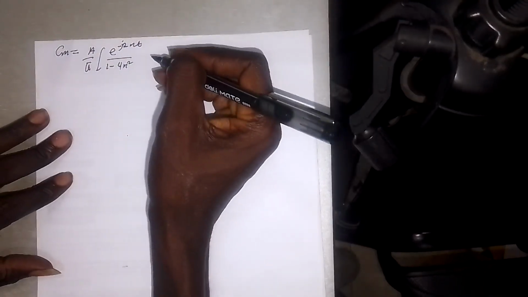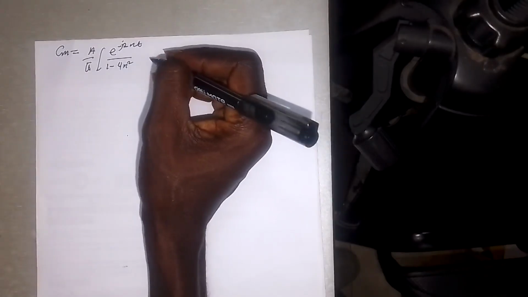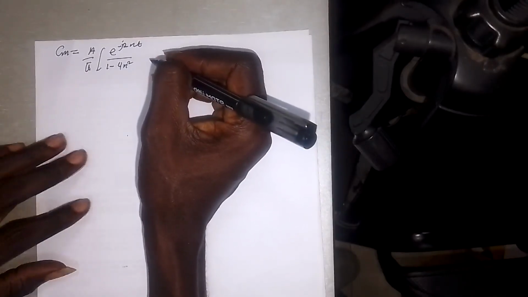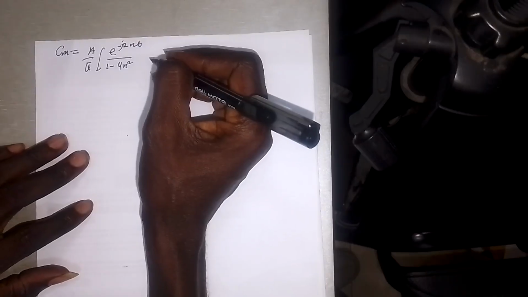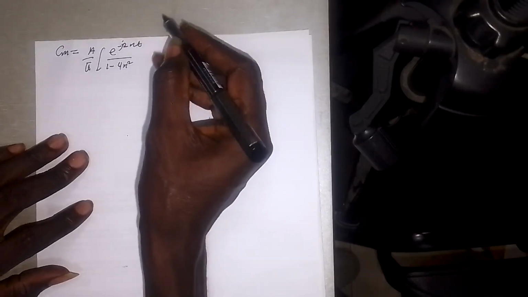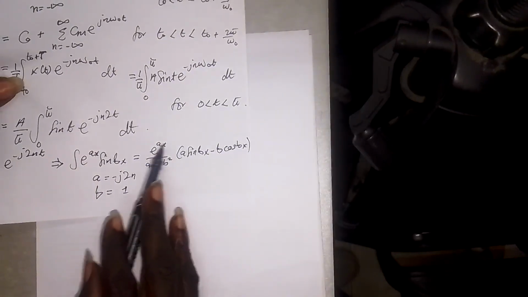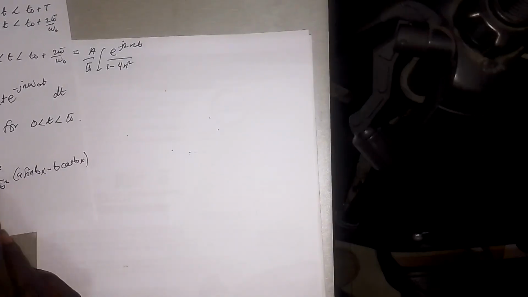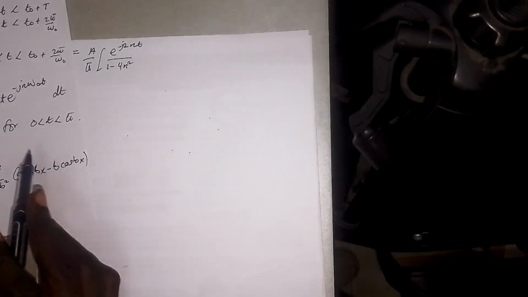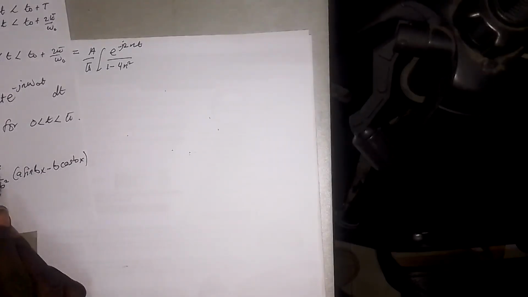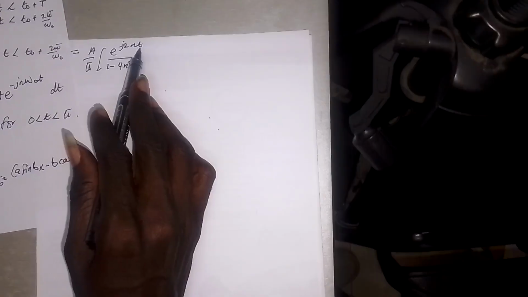That is putting it inside the equation, because we had e^(ax) over a squared plus b squared, where a is minus j2n and x is t.